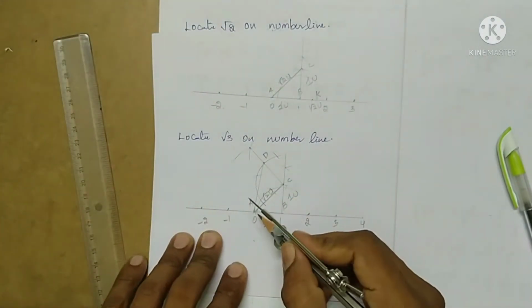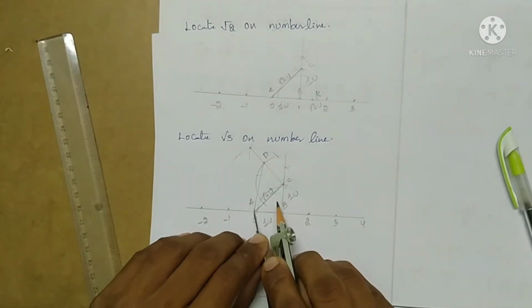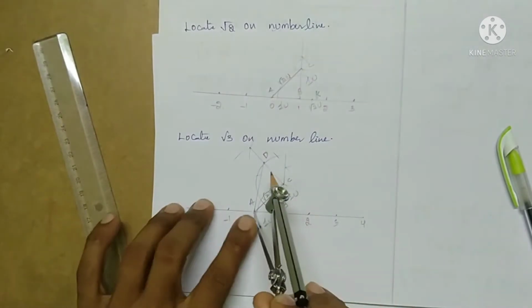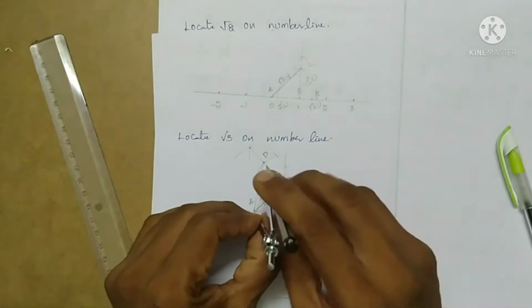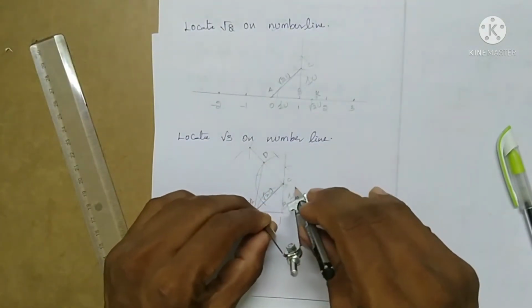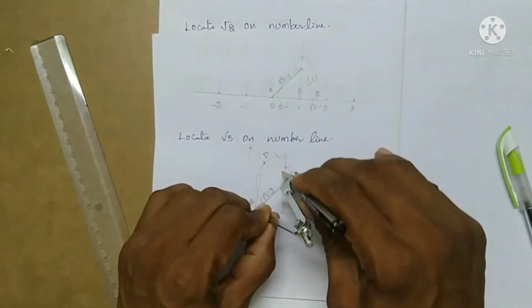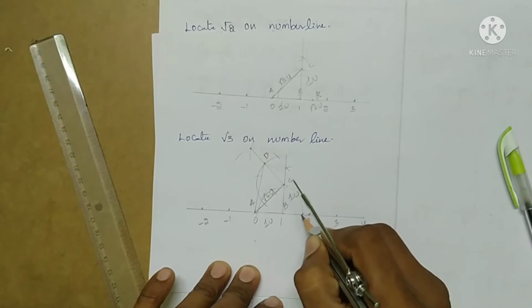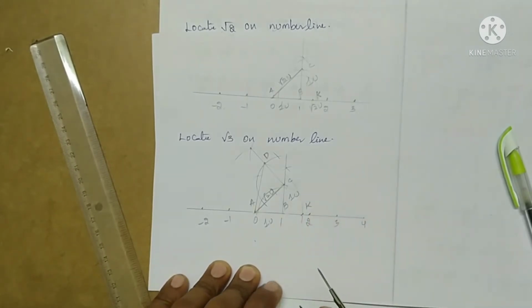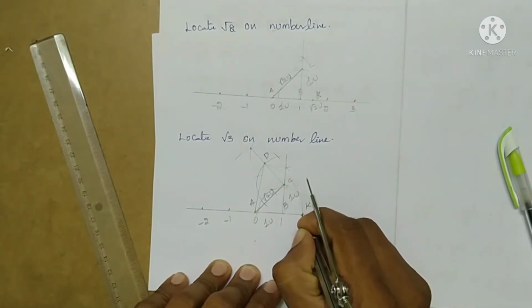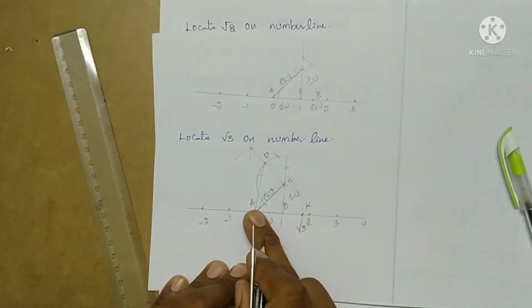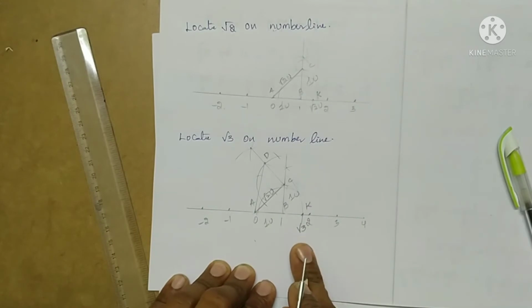So with center A, take the measure AD and draw an arc. This arc will intersect this line at this point, which is called K. So this intersecting point is called root 3. The distance between A and K is root 3 units.